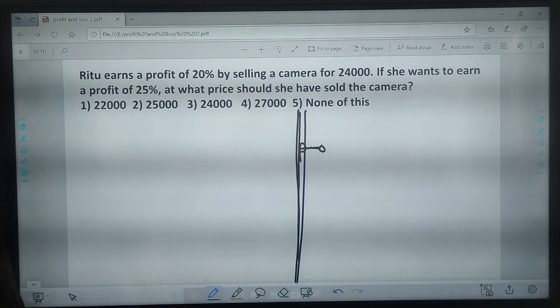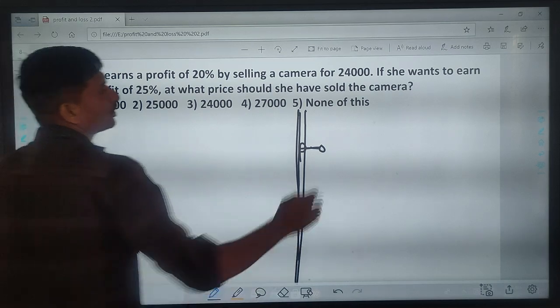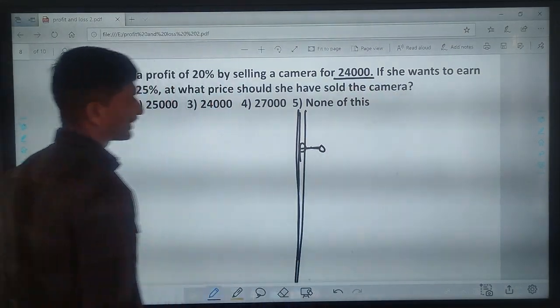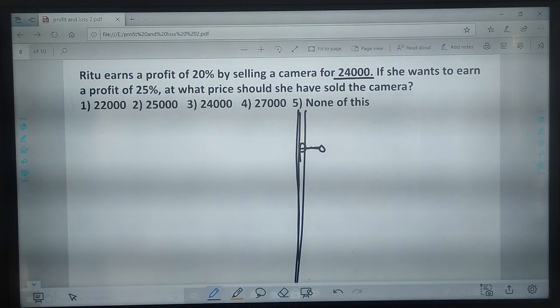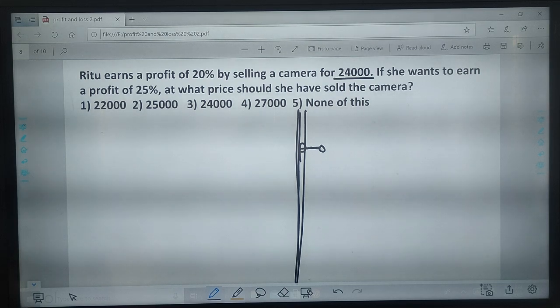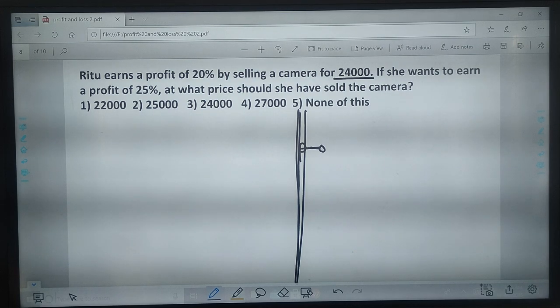Ritu earns a profit of 20% by selling a camera for 24,000 rupees. If she wants to earn a profit of 25%, at what price should she have sold the camera?